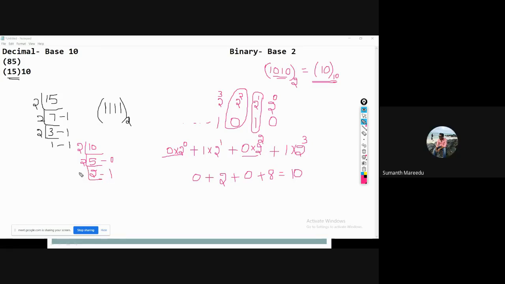Again divide with 2: 1 time, remainder is 0. This is the representation 1010. So both got tallied, right? Yes, sir. So this is how you convert a binary number to decimal and a decimal number to binary.